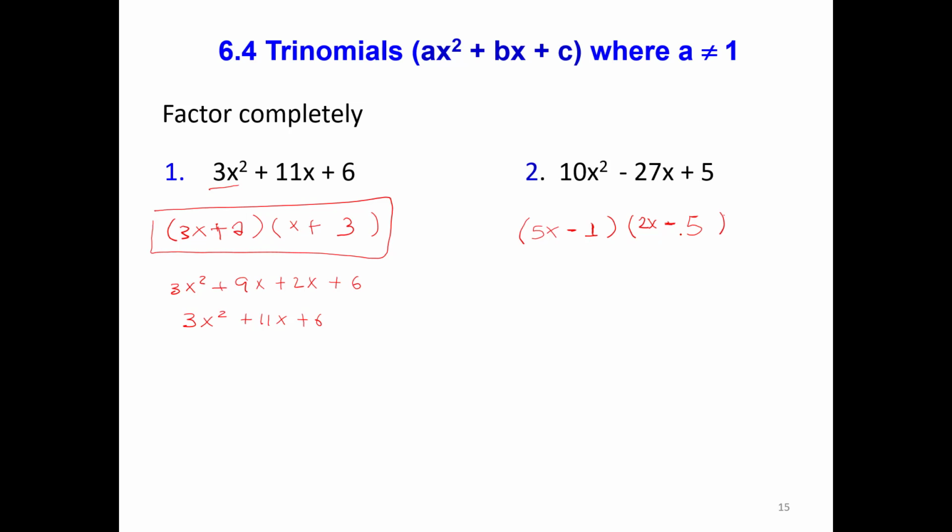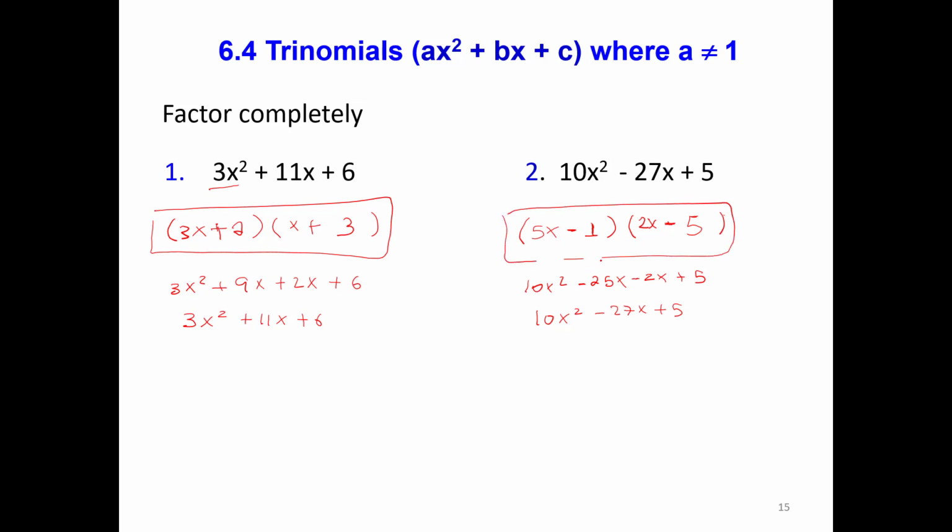Yes, let's try it. 5 times 2 is 10x squared. 5x times 5 will be negative 25x. 1 times 2 is negative 2x. Negative times negative is positive 5. And it's 10x squared minus 27x plus 5. Then we had the same thing. Then yes, this is the right factorization.